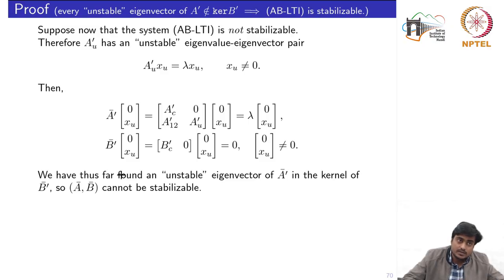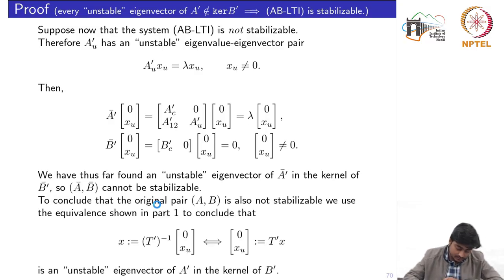Now since both these pairs AB and A bar B bar are algebraically equivalent, when we say that A bar B bar cannot be stabilizable, it implies that the pair AB is also not stabilizable. To conclude that the original pair AB is also not stabilizable, we use the equivalence shown in part 1.